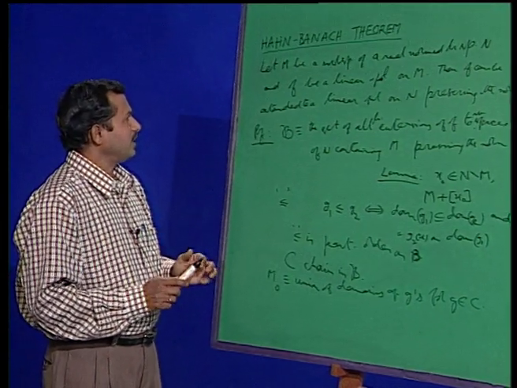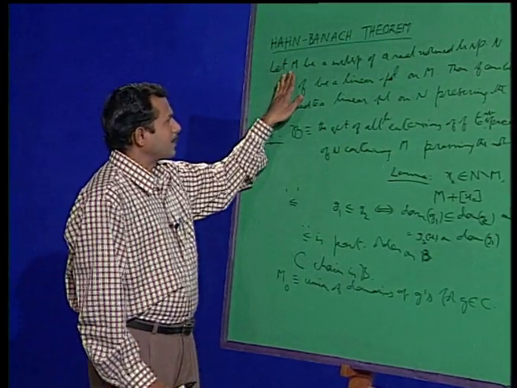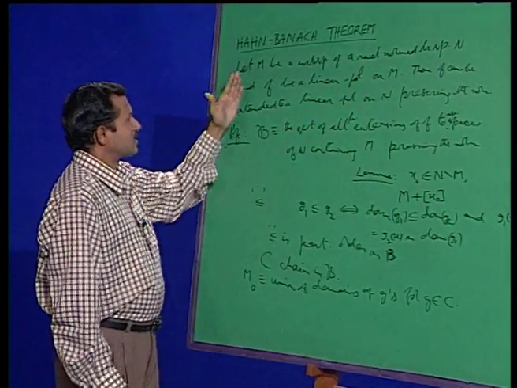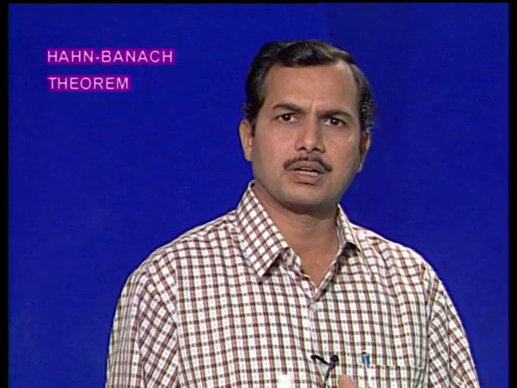One can verify that if you replace this real term by complex, then also this theorem holds good. The Hahn Banach theorem holds good for complex normed linear spaces also.